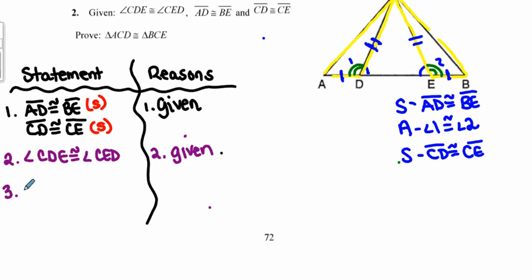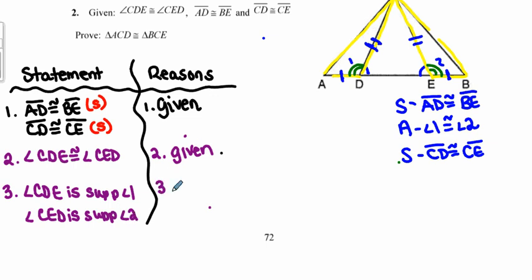So angle CDE is supplementary with angle 1. Angle CED is supplementary with angle 2. And that's because linear pairs are supplementary, or angles on a straight line are supplementary, however you want to word that.